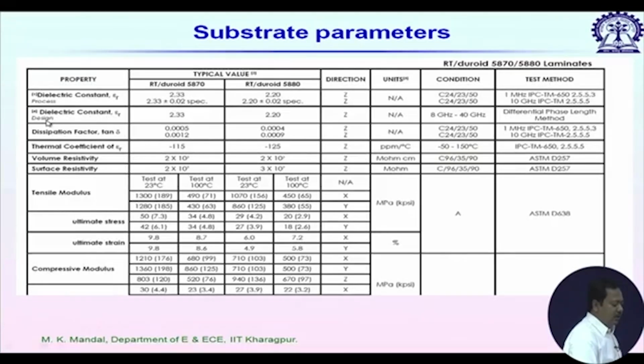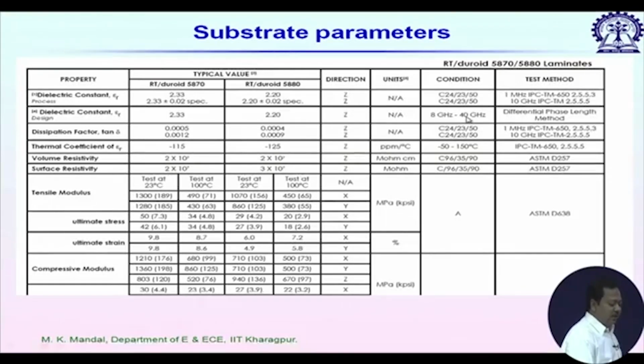They are calling it the design value. For 5870, it is 2.33. For 5880, it is 2.2. And not only that, if I go to the right, the suggested frequency range is 8 gigahertz to 40 gigahertz. So, they are specifying this dielectric constant value for design from 8 to 40 gigahertz.